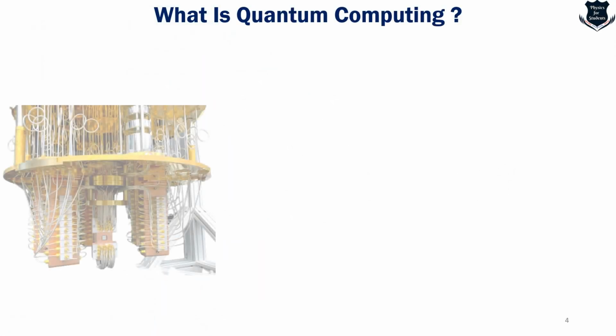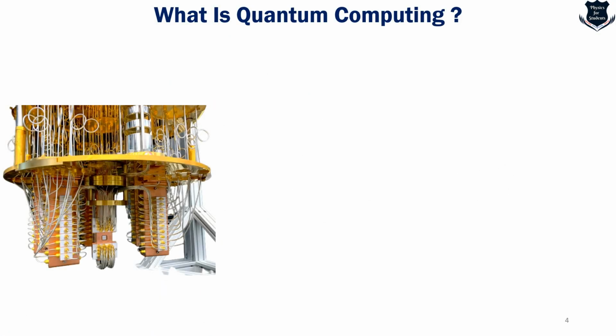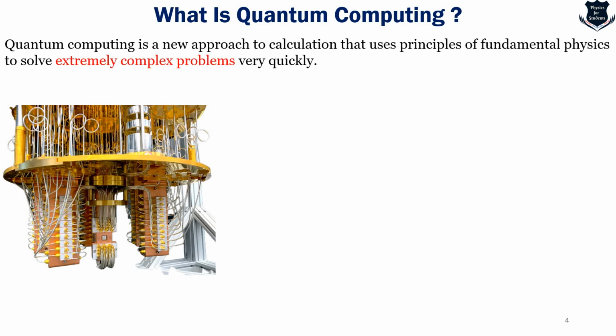Now, quantum computing is basically an area of computer science that uses the principles of quantum theory. And quantum theory explains the behavior of energy and particles on the atomic and subatomic levels.